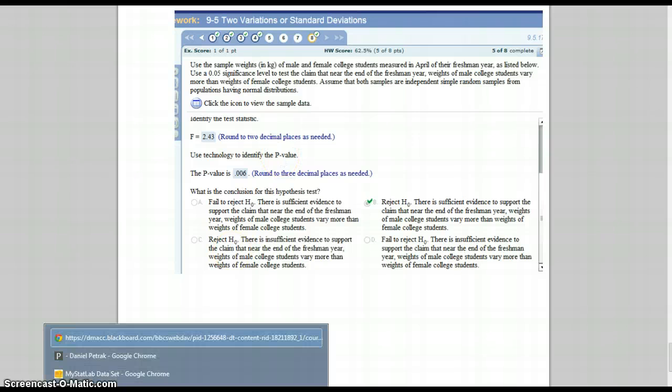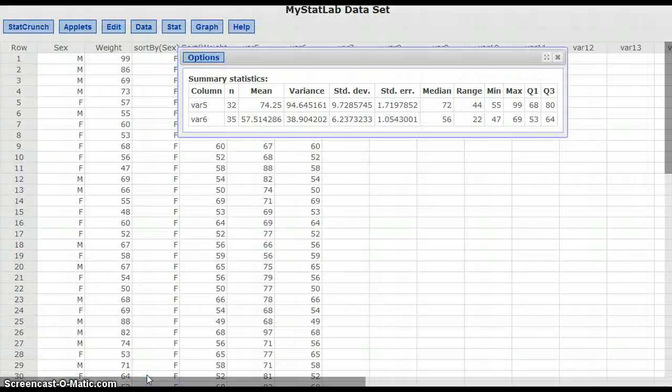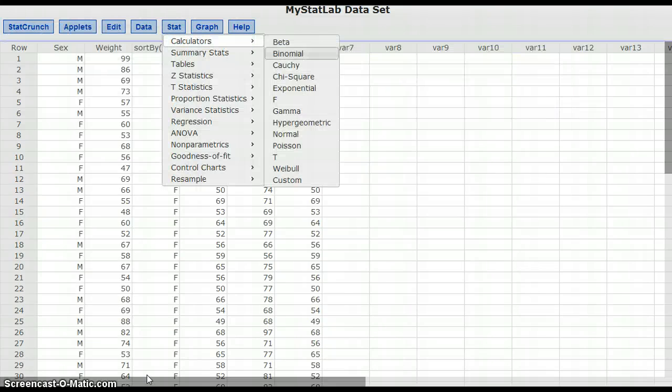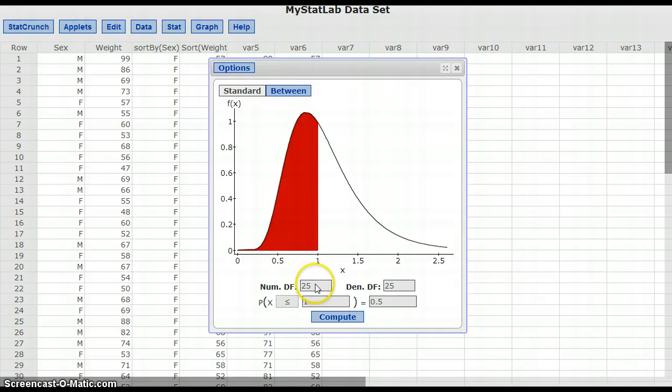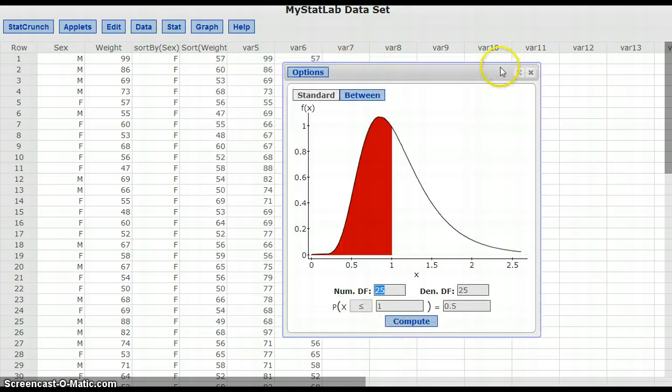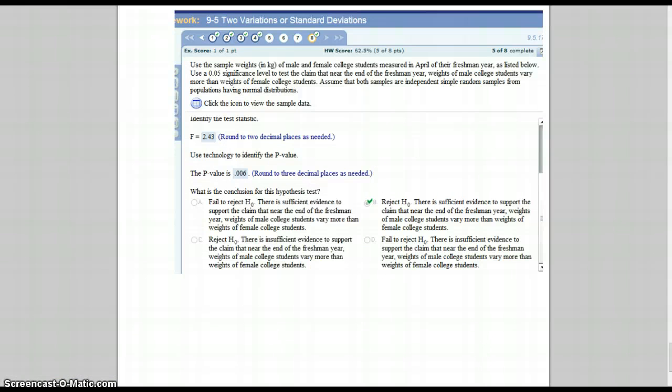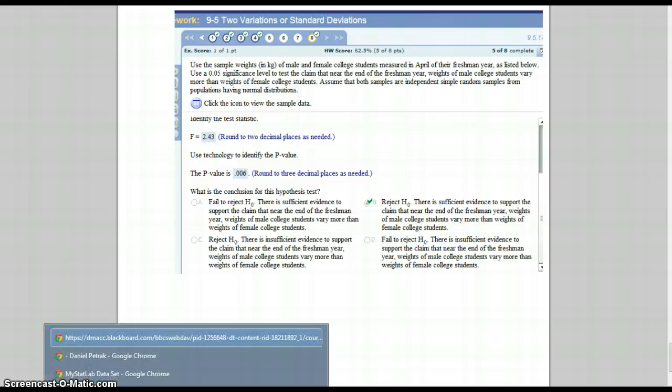So if I go to StatCrunch and I go to Stat, Calculators, F, and I just say degrees of freedom, this would be the degrees of freedom of the numerator. So the question is how many men were there? Let me look at the raw data here.